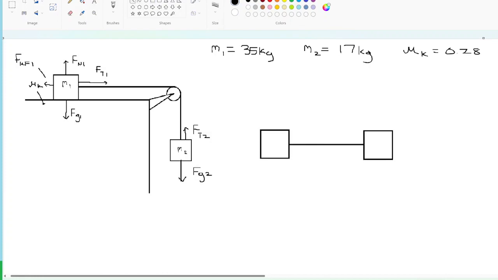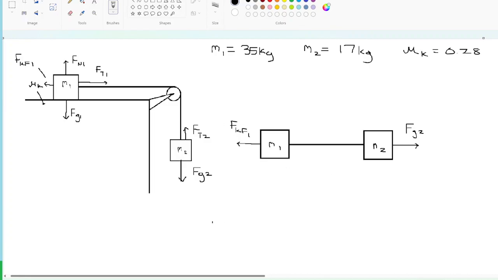There's just these two blocks with the same forces as before: Fg2 and Fk1. These are the only forces that really matter in this direction. So Fg2 pulls on both of these, and Fk1 is the only opposing force.